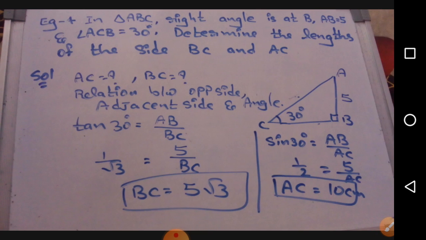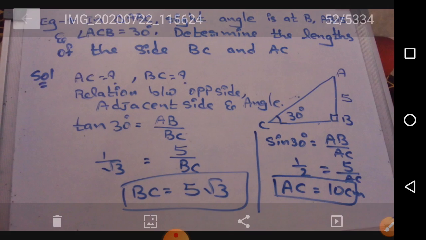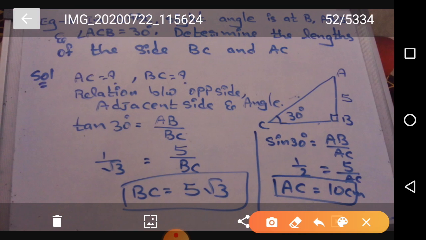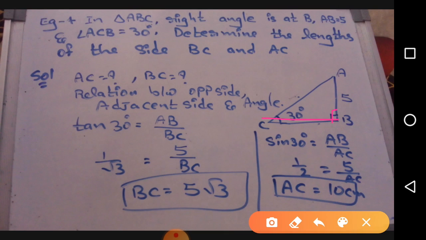In triangle ABC, the right angle is at B. Then AB equals 5, and angle ACB, which is nothing but angle C, is 30 degrees. Then determine the lengths of the sides BC and AC.